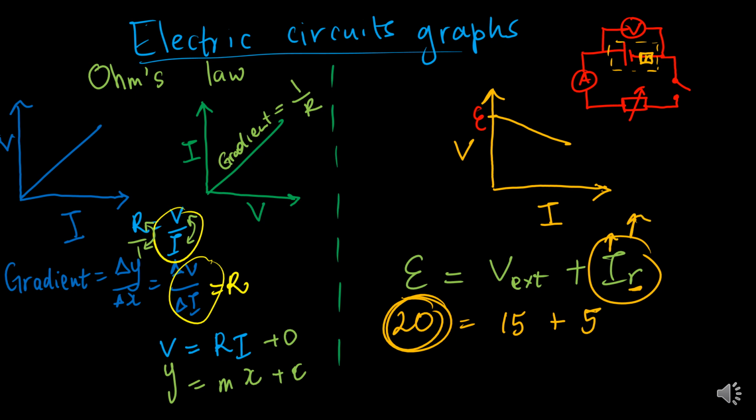If this is fixed, just to make a hypothetical example, to say this went from 5, let's say it's now 2, this is still fixed. What does that mean? That means this must have increased now to what? To 18, to still make up the total of 20, right?